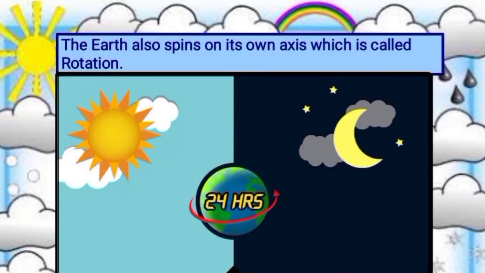Now let's understand what is rotation. As you know, the earth moves in two different ways. Earth revolves around the sun once a year and rotates on its axis once a day.